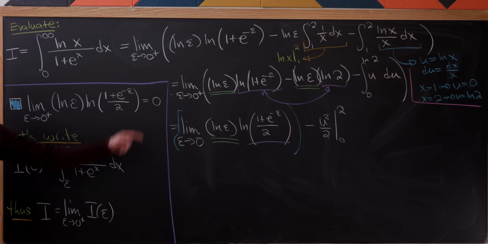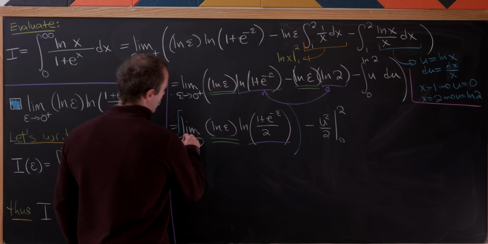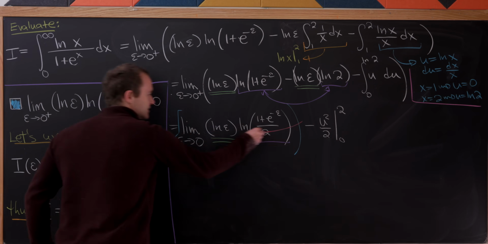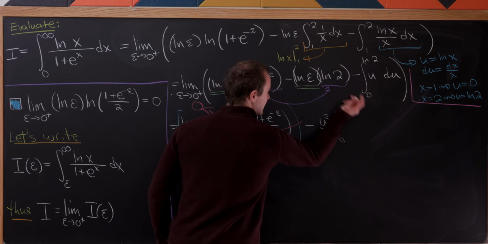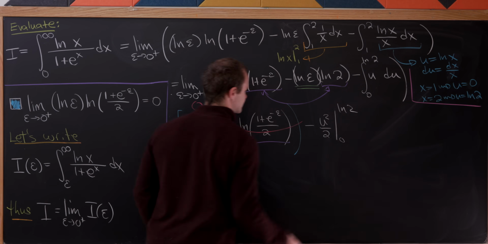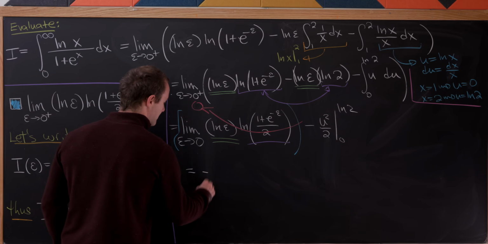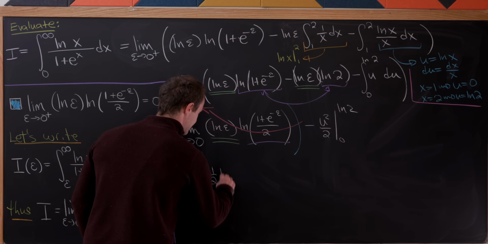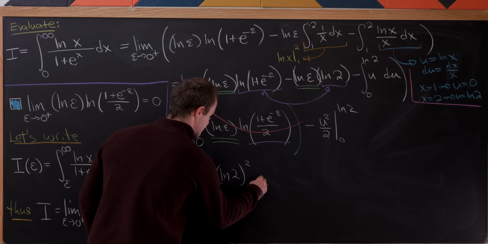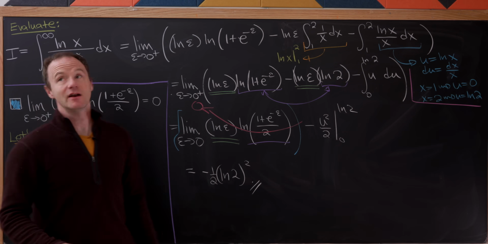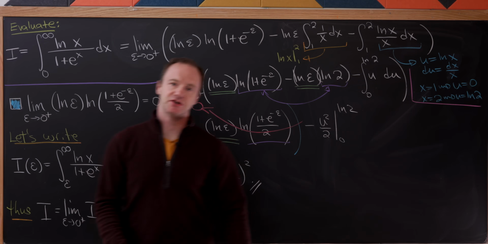And the value of this limit was 0. Well, I guess it still is 0. So that means we can take this limit to 0, and then we do this evaluation over here. That should have been a natural log of 2, ending with minus 1/2 times the natural log of 2 all squared. And that's the final value for our calculation.